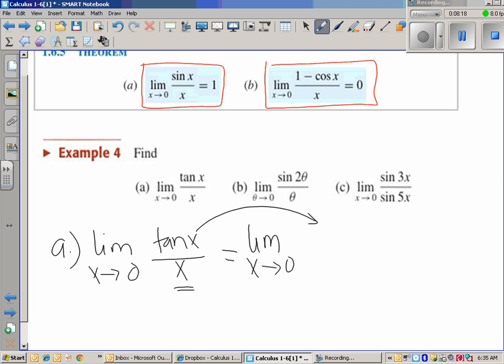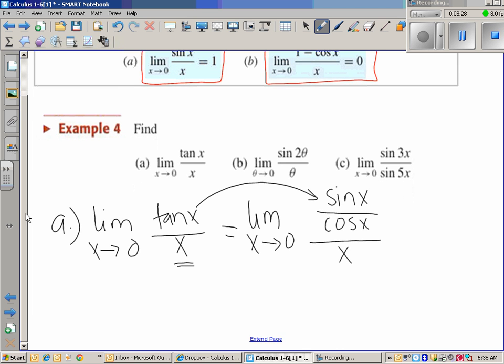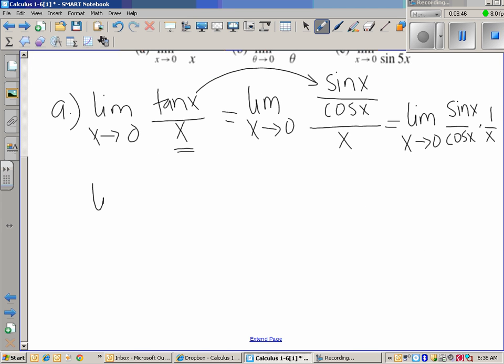Tangent is equivalent to the sine of x over the cosine of x. And now what I want to do is take a look at fixing this fraction that I have. So this is really the same thing as sine x over cosine x times 1 over x. Now, if I rearrange that, I can get it to look like this.